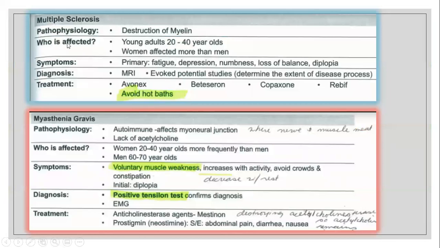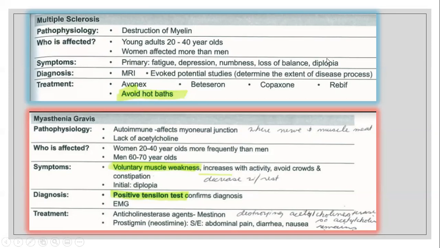Who is affected most? Young adults, 20 to 40 years old. Women are affected more than men. What are the symptoms? The symptoms include fatigue, depression, numbness, loss of balance, and double vision. We call it diplopia.